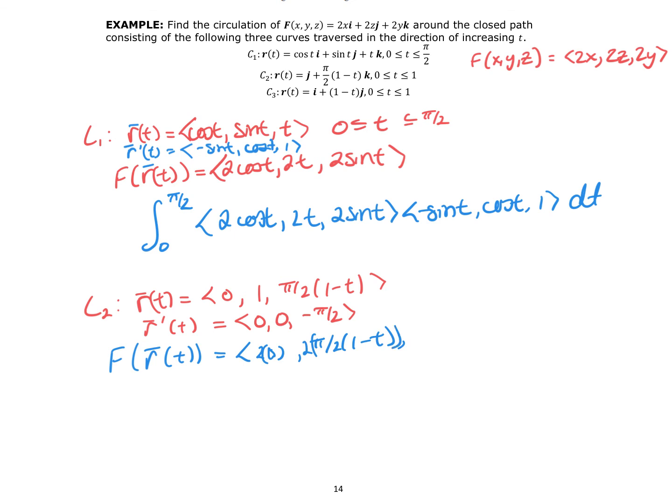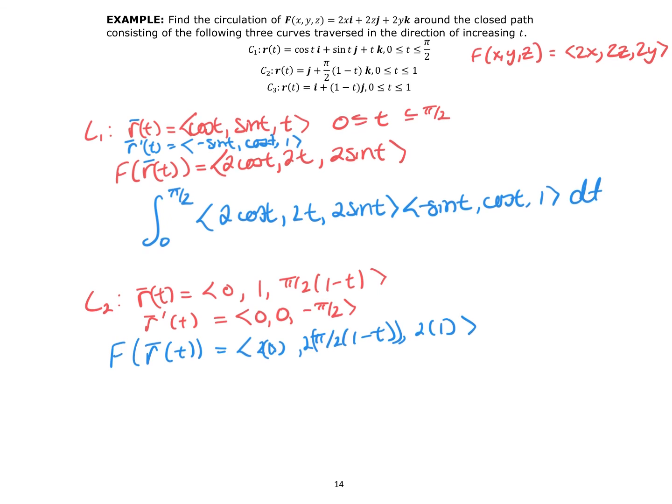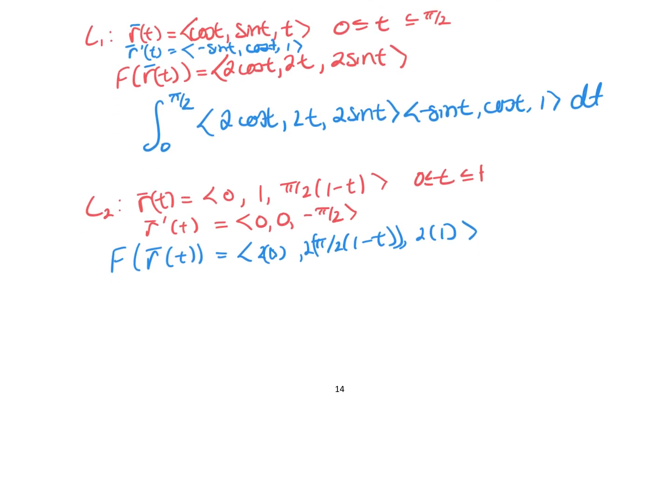And then my last one would be 2 multiplied by 1. Here t runs between 0 and 1, so this integration goes from 0 to 1 of 0, pi multiplied by 1 minus t, and 2, dotted with 0, 0, and negative pi halves, dt.